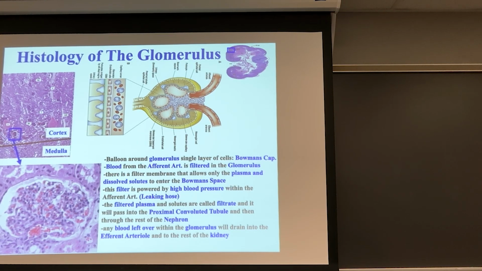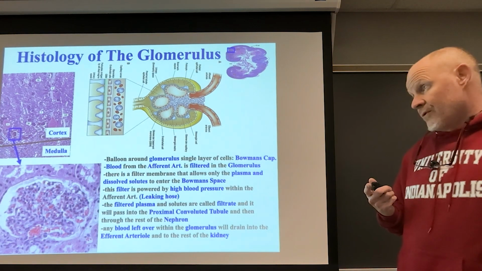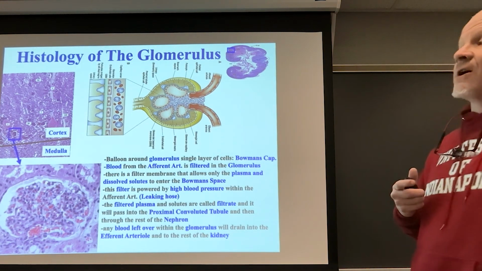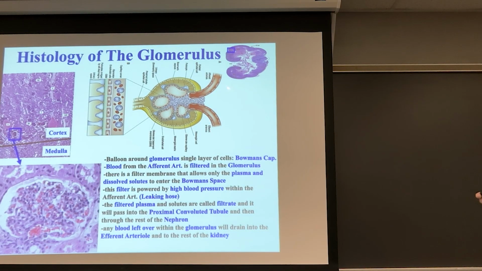Okay, so this is kind of where we started, and we talked a little bit about the blood flow. Blood to each nephron comes through the smallest arteries, called the afferent arteriole, which is going to deliver blood to a capillary bed.